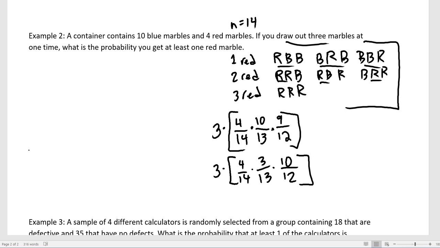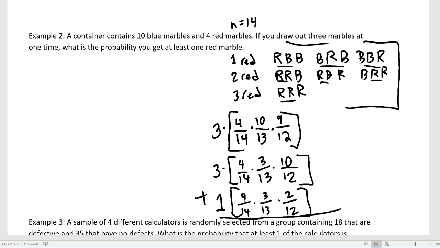And what's the probability of red, red, red? Well, that would be 4 out of times 3 out of times 2 out of. And that only occurs one way, so it'd be that times 1. So we could multiply all these out, add them, and we'd have our probability.